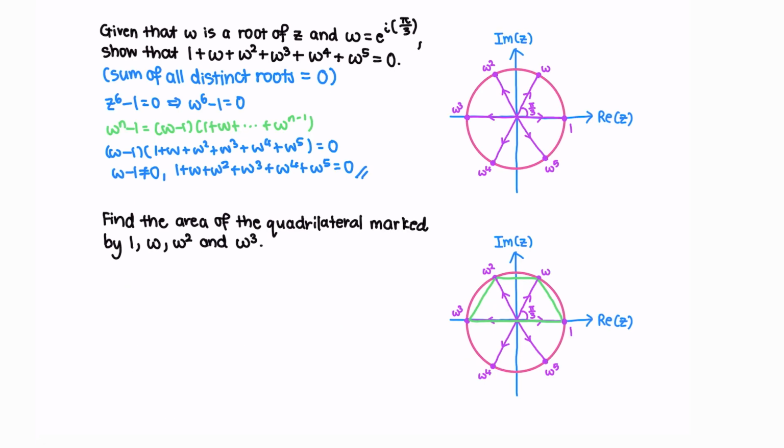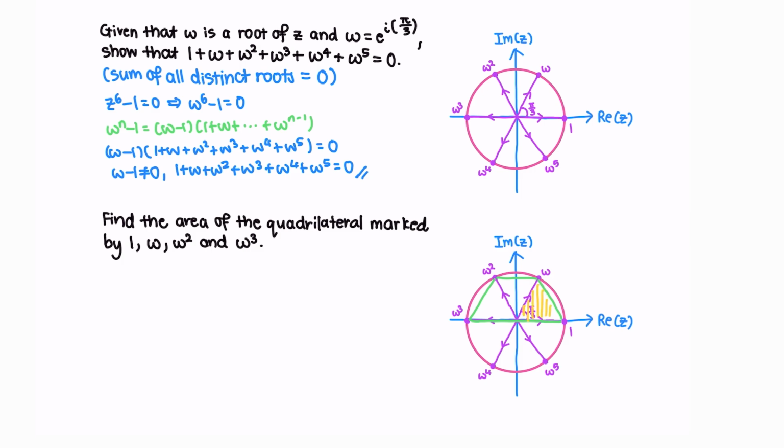Now let's move on. Find the area of the quadrilateral marked by 1, w, w squared and w cubed. So again, let's look at this Argand diagram here. I've nicely labeled out 1, w, w squared and w cubed and drawn the quadrilateral in green. So if we look at this, we're actually utilizing that all of these angles are just π over 3. And how does all the angles being π over 3 help us?